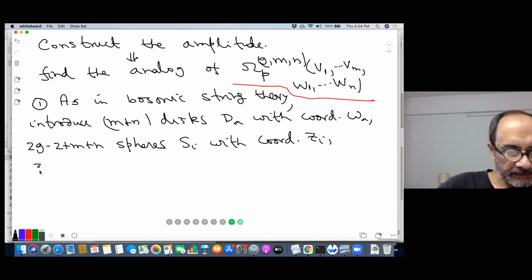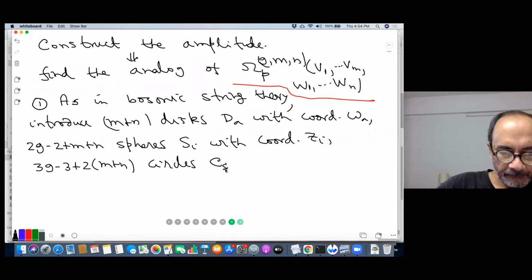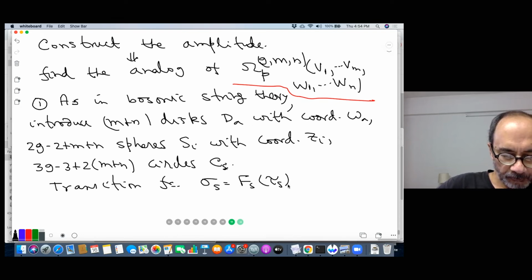And 3g minus 3 plus 2 times (m plus n) circles C_s, which basically give the interface of the boundaries between S_I and d_A or between S_I and S_J. And we have some transition function, which is sigma_s equal to F_s of tau_s. So this is the same as in bosonic string theory.